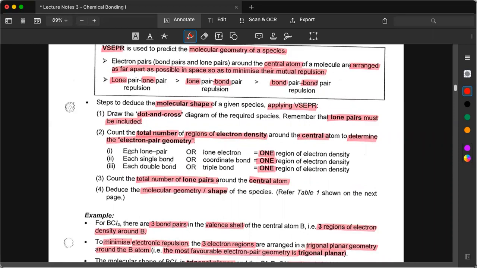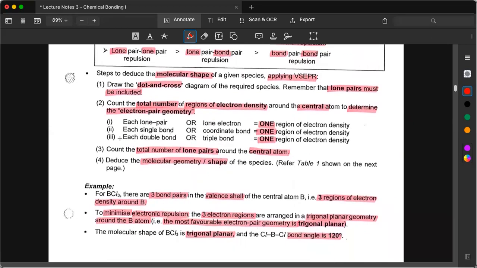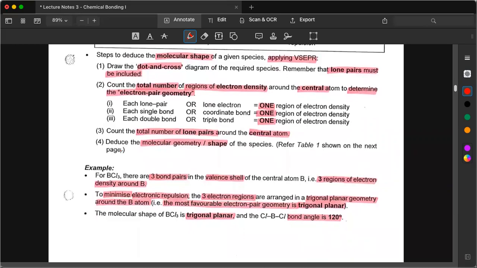Each lone pair or lone electron constitutes one region of electron density. A single bond or coordinate bond constitutes one region of electron density. Each double bond or triple bond also constitutes one region of electron density. Then we count the total number of lone pairs around the central atom and deduce the molecular geometry or shape of the species.